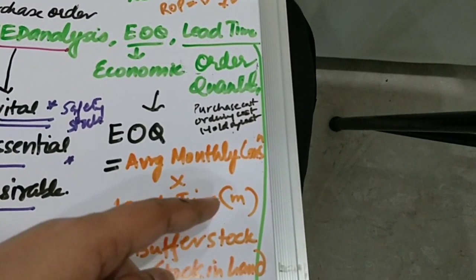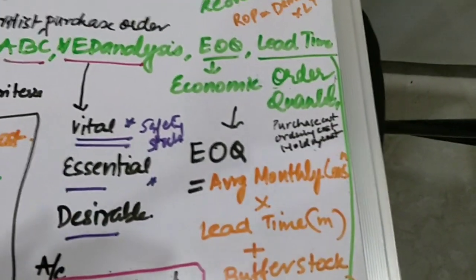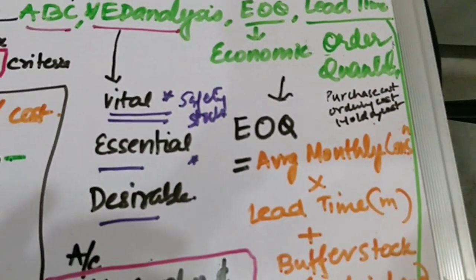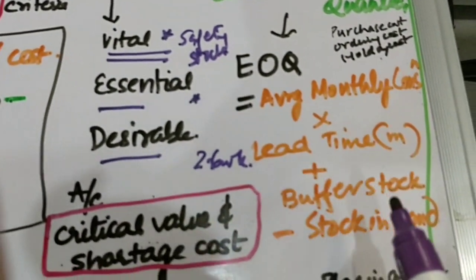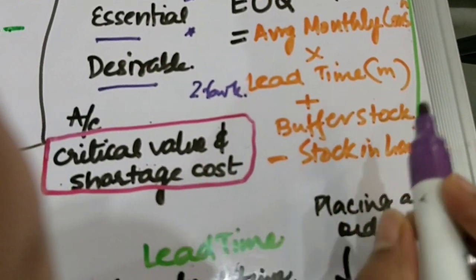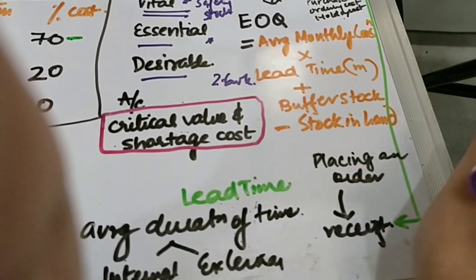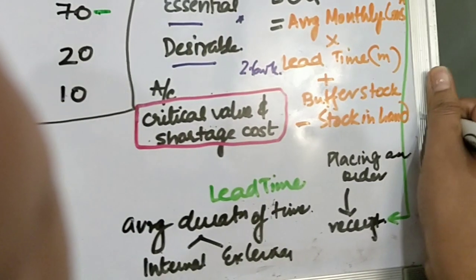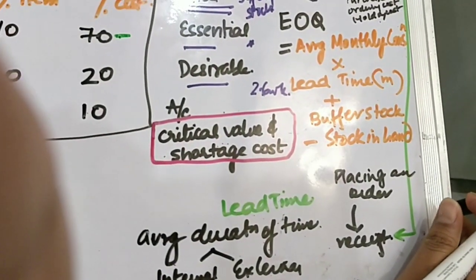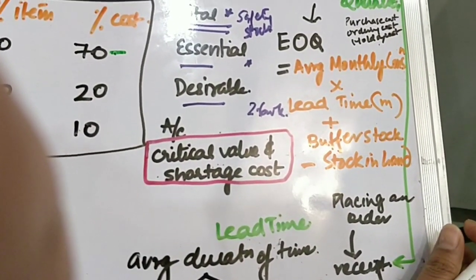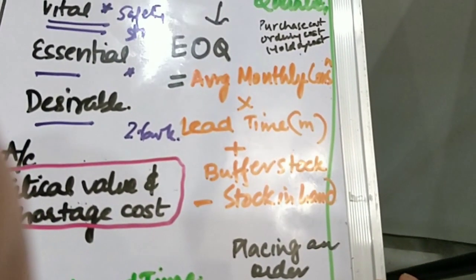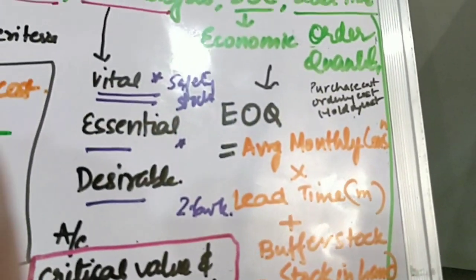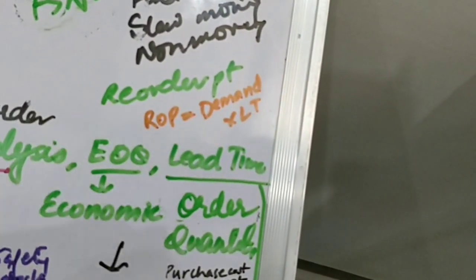Generally the lead time is around 2 to 6 weeks, plus the buffer stock and minus the stock in hand. This is economic order quantity: average monthly consumption into lead time in months, plus buffer stock, minus stock in hand. Reorder point is the point at which the stock should be replenished.